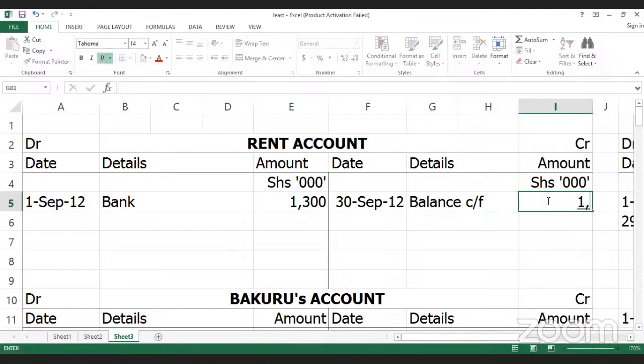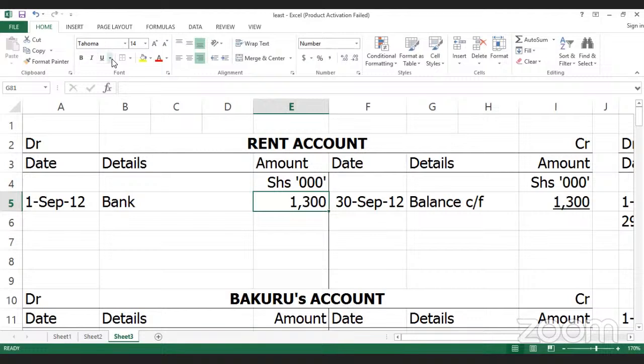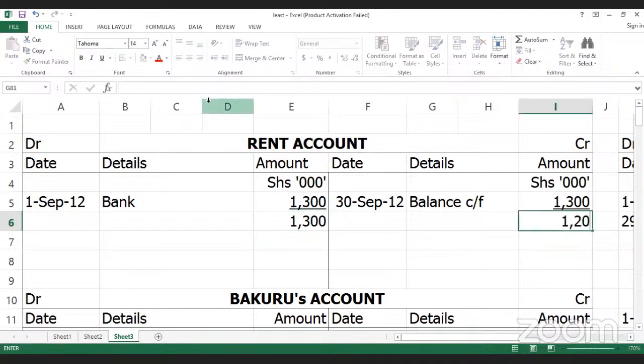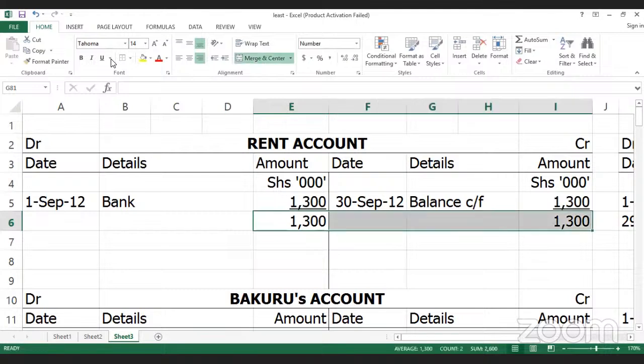That is 1,300. So you insert the balancing figure on the smaller side to make both sides equal. Your totals should be on the same level. Don't forget that.